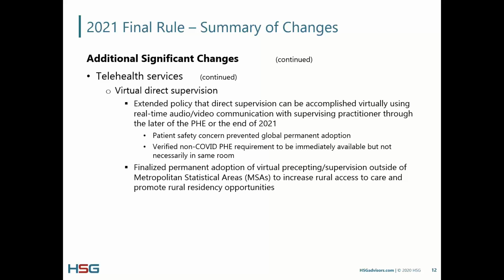And this has been a focal point for CMS over the last number of years, trying to increase access to care and the type of care available in the rural environment. So they felt that this was more consistent with that and had less risk and greater benefit. So they went with that change.